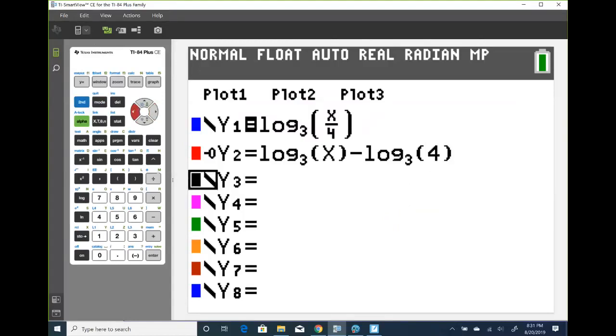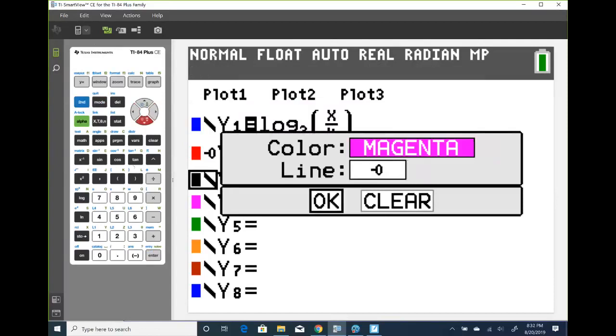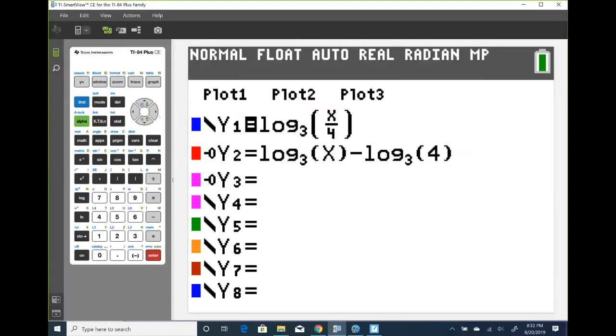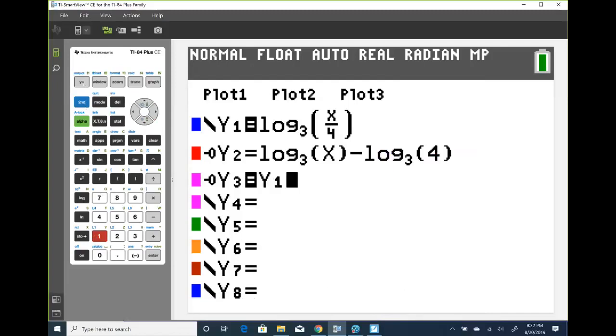So I'm going to hit enter here, and I'm going to graph this one in magenta. And again, I'm going to change my line to be that path tool. And I'm going to graph when is my Y1, alpha trace, when is my Y1 equal to my Y2?